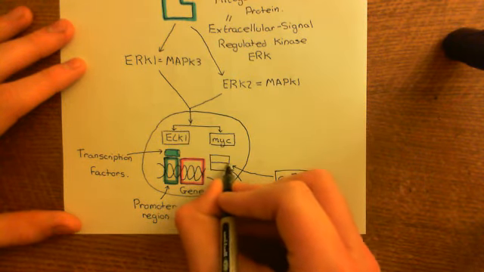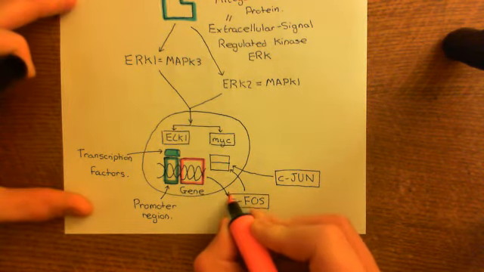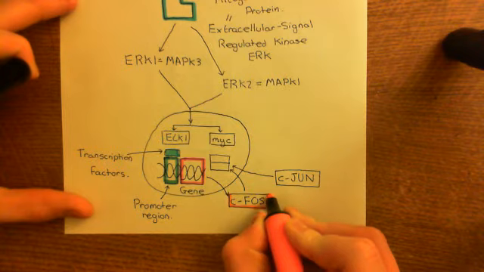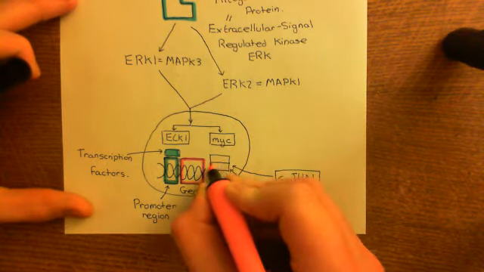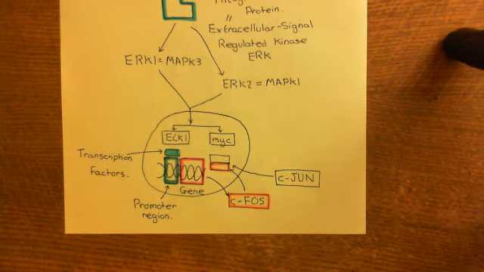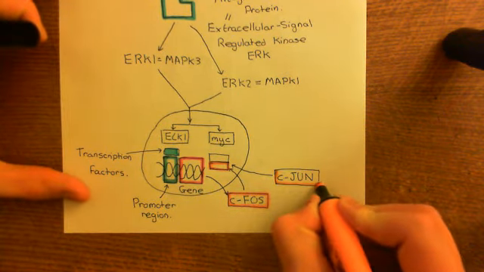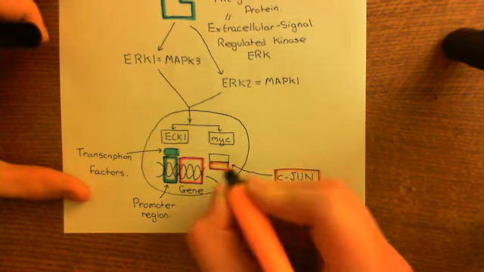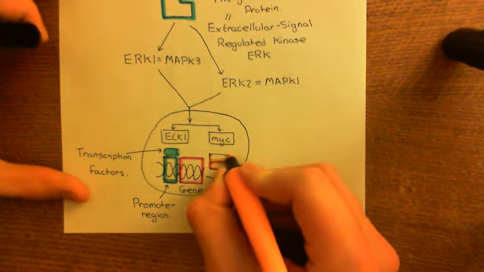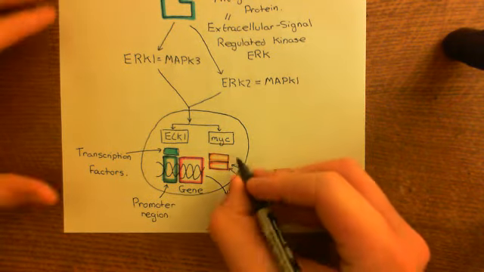I'll have to show it by colouring in these two. So let's colour in CFOS in this red colour here, and this can be a CFOS here. And then let's show CJUN in orange. And the one above the CFOS can be the CJUN. So you get these CFOS-CJUN heterodimers being formed.